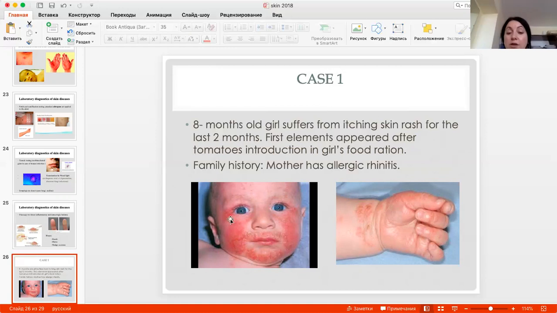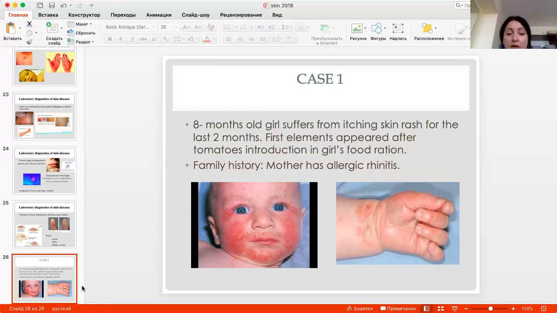Look, the specific localization of rash is present, on the cheeks, on the chin, on the face mostly, and on the lower parts of the arms, on the hands mostly, and there are big lesions of skin rash, inflamed, red ones.